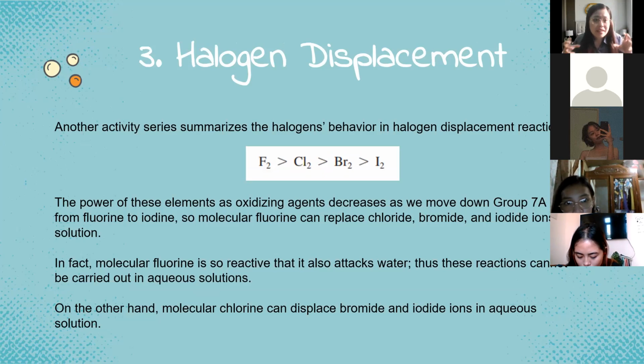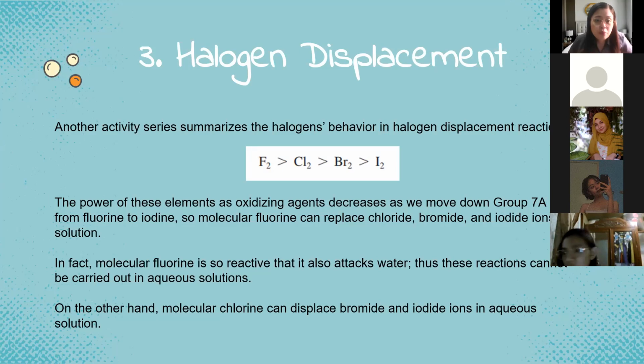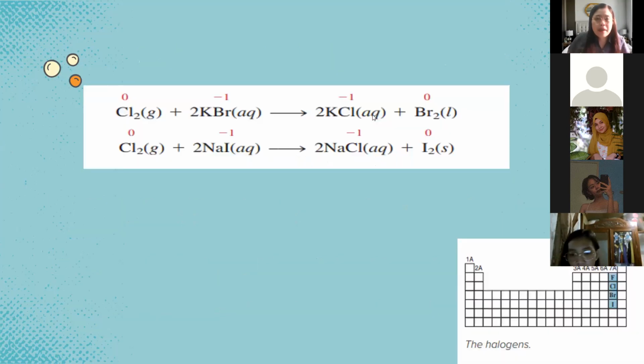But meron pa rin silang sarili nilang table for reactivity, and kung paano sila nakapasunod dyan sa periodic table nyo, ganun din yung pagka-reactive nila. Since fluorine is found sa pinakataas, fluorine is the most reactive halogen, followed by chlorine, bromine, and iodine. But merong 2 dyan because all of them are members of our diatomic molecules. So possible din ito, ganito yung mangyayari sa ating reaction.